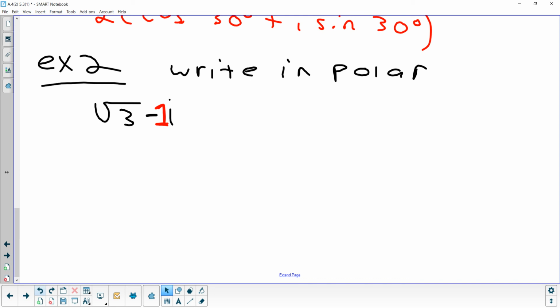All right, let's start out by finding our radius. Okay, Jacob, what's the real part here? The square root of 3. Square root of 3. So remember, this is the formula I'm using. I didn't write it down again because you already have it in your notes. R squared equals x squared plus y squared.